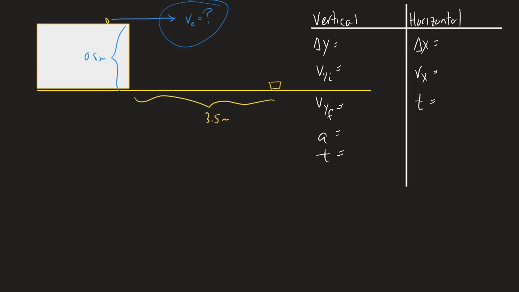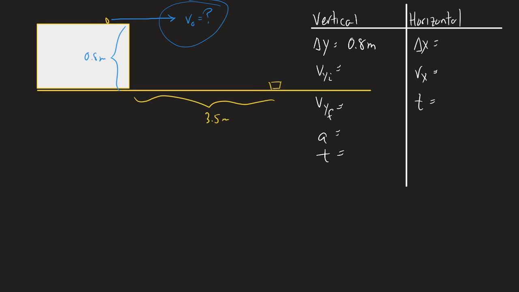Did the object land higher than it started or lower than it started? If so, a number's going to go there. I'm going to put 0.8 meters there. That's how far below where it started the object lands. I'm not saying all this out loud for a reason; that's the question I ask myself when I go through this chart.